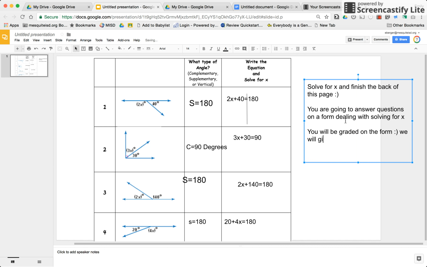We will go over more examples on solving in the next slide. Write your notes on the paper you received. That's all. Good job.